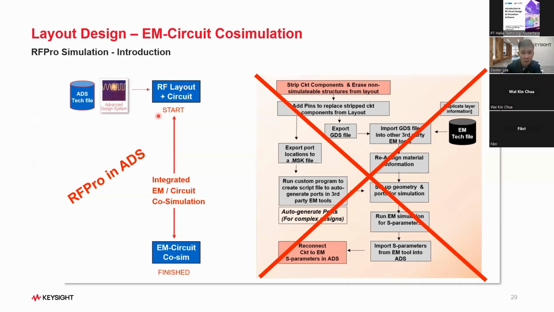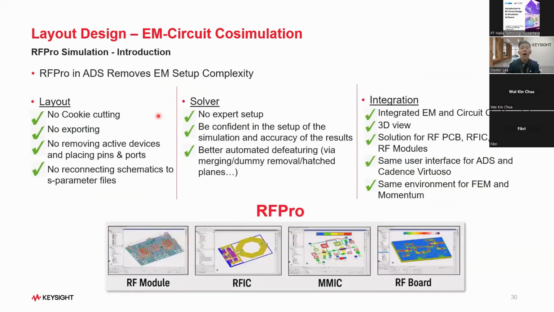So RF Pro is really the main tool that helps you to be efficient when it comes to EM circuit co-simulation. Some of the benefits that I really like about RF Pro personally is that you don't have to do cookie cutting. For PCB designers out there, sometimes you might be working on large PCB boards, and sometimes you just want to simulate one portion, maybe a filter design portion on the PCB board that you have created after your layout.